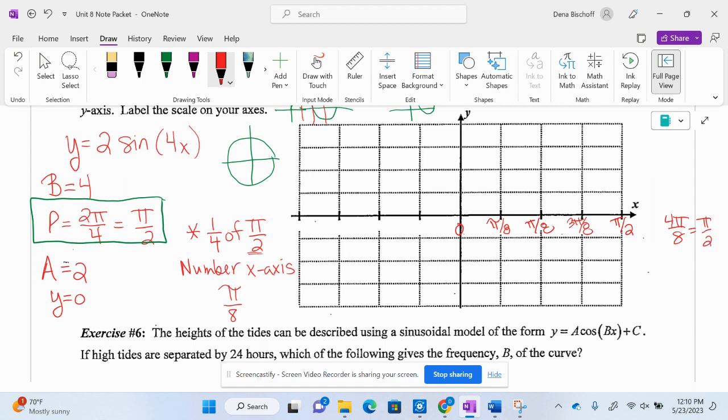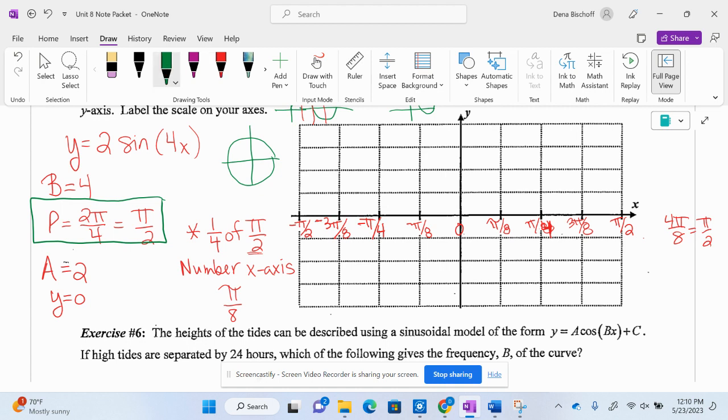Do you see that? Now we just take those numbers and work backwards on the other side of the y-axis: negative pi over 8, negative pi over 4, negative 3 pi over 8, and negative pi over 2.